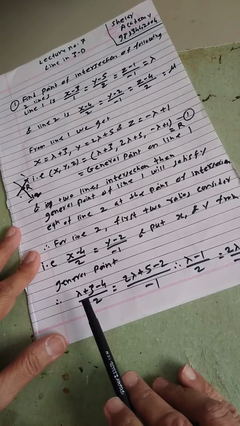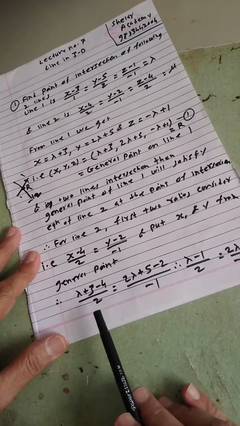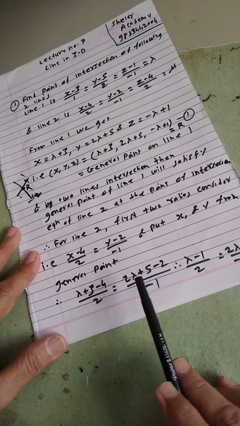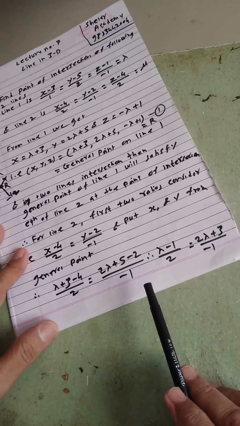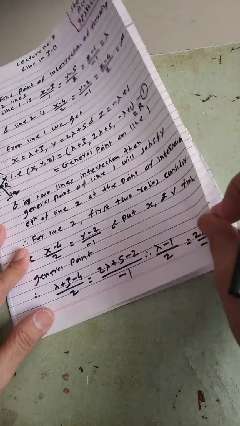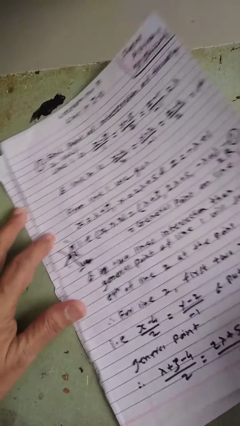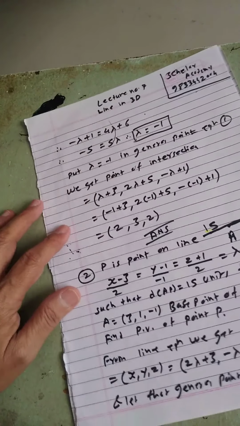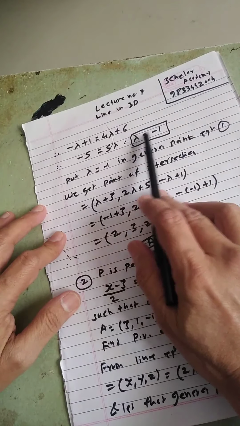Therefore we get (lambda plus 3 minus 4) divided by 2 is equal to (2 lambda plus 5 minus 2) divided by minus 1. Therefore (lambda minus 1) upon 2 is equal to (2 lambda plus 3) divided by minus 1, and simplifying we get lambda is equal to minus 1.